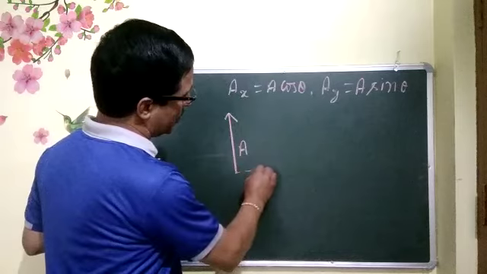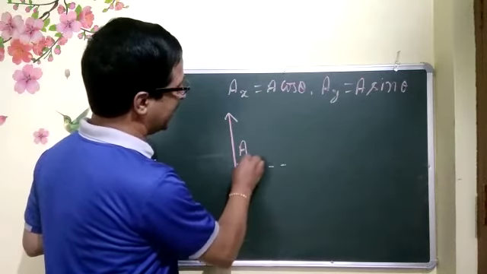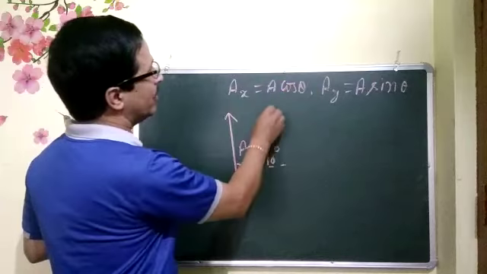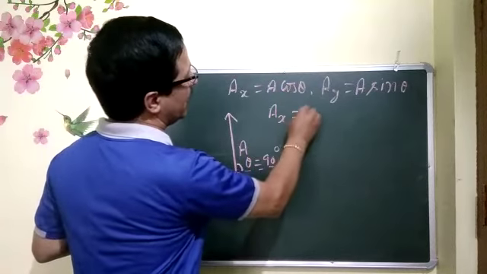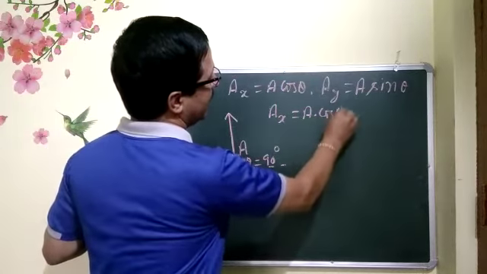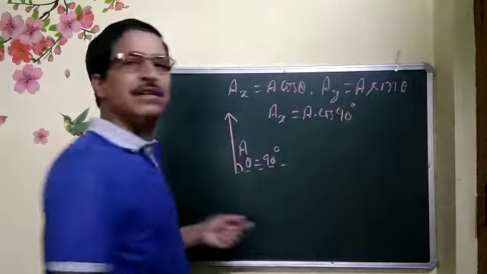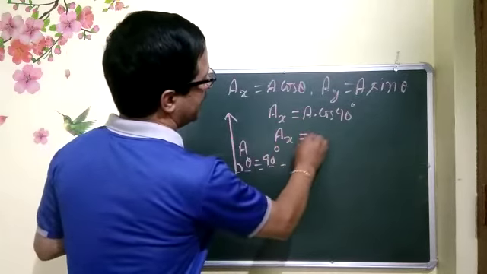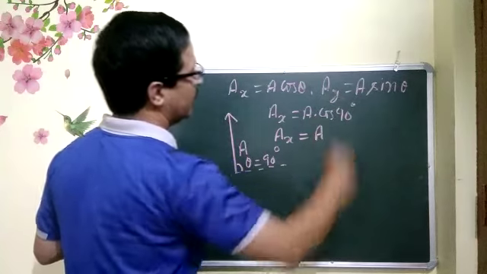In that case, we will write theta equal to 90 degree. So the x component of the vector will be ax equal to A into cos 90. Cos 90 degree is 0. This gives us ax equal to A into 0, which is 0.